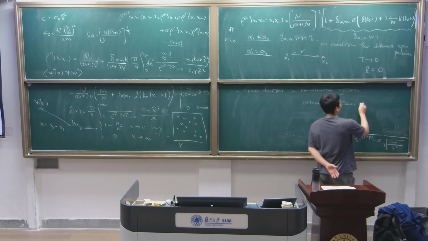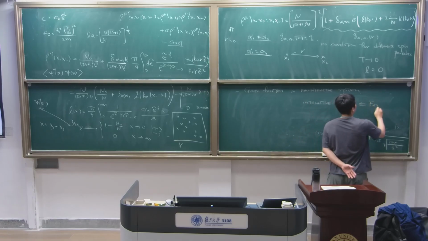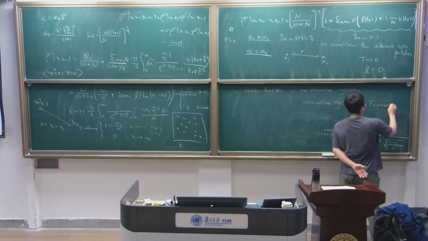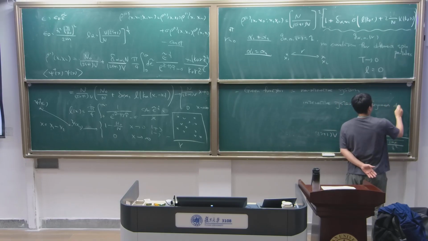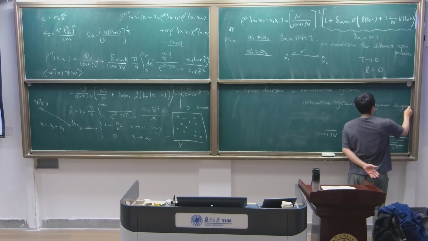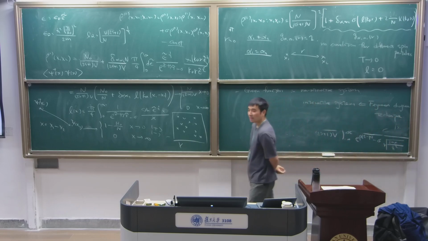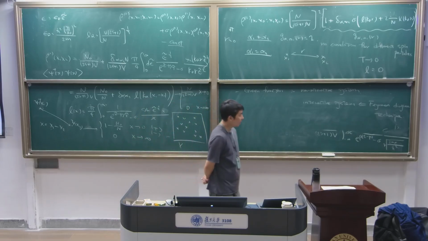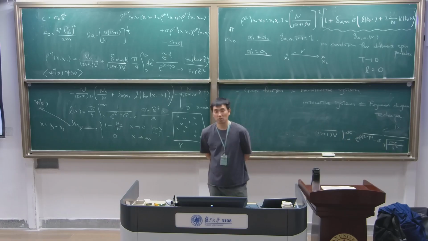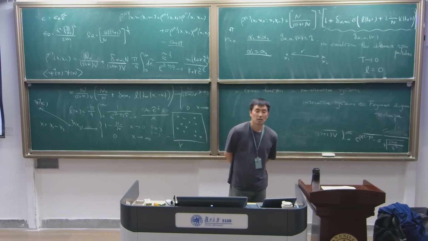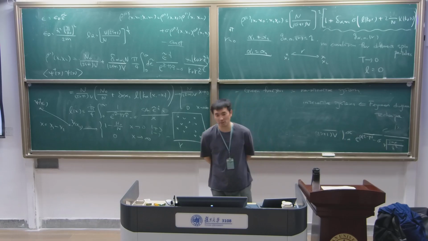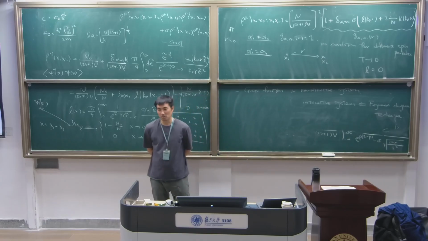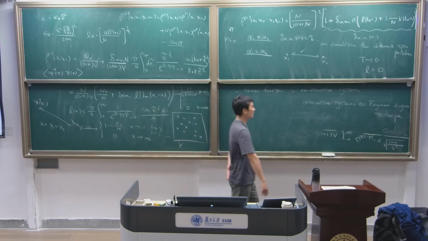Actually, this requires the so-called Feynman diagram technique. Since some of you are taking the QFT course, and some of you will take the QFT course later, I'm going to omit it.